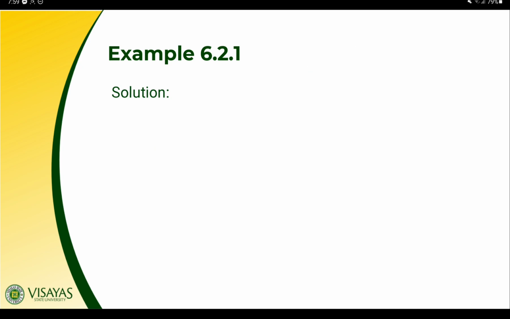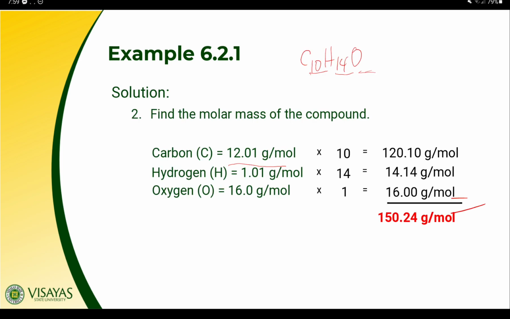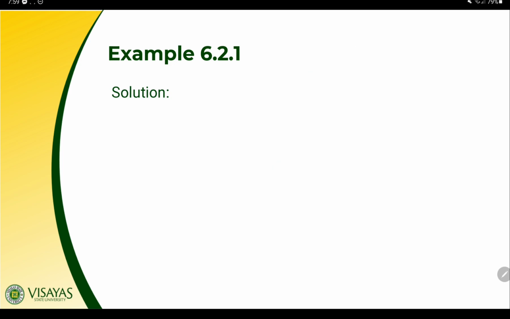So now we get the percent composition of each element by dividing the molar mass of each element by the molar mass of the compound and multiplying that by 100. So we start with carbon. Based on the previous slide, the mass of carbon is 120.1 grams per mole. For hydrogen, we have 14.14, and for oxygen, we have 16. So remember those values.